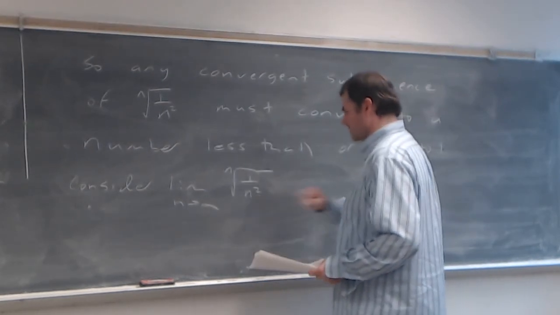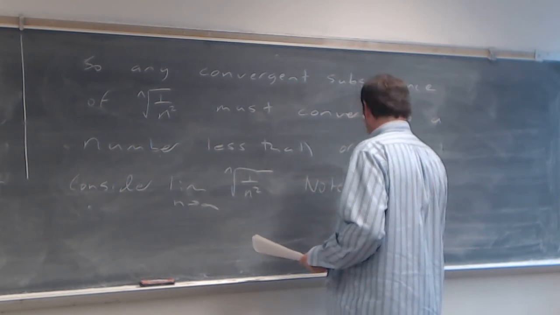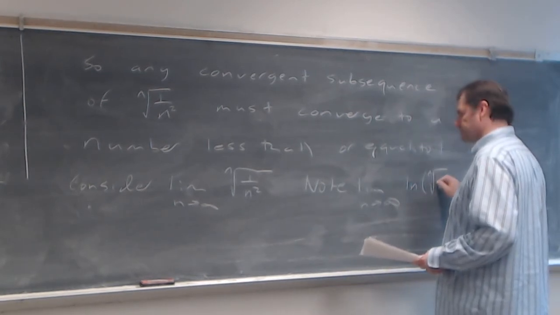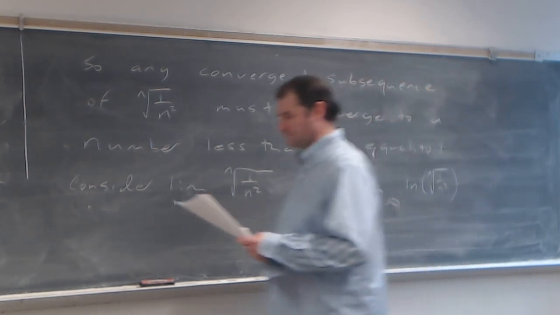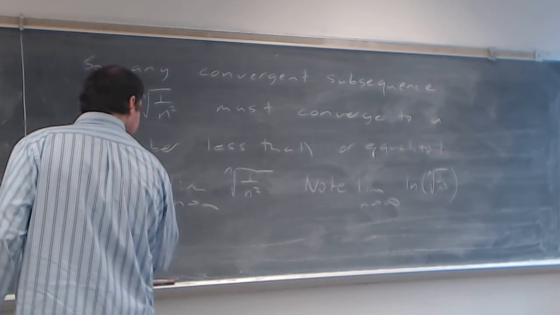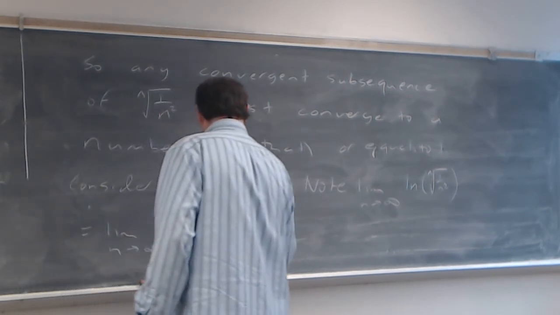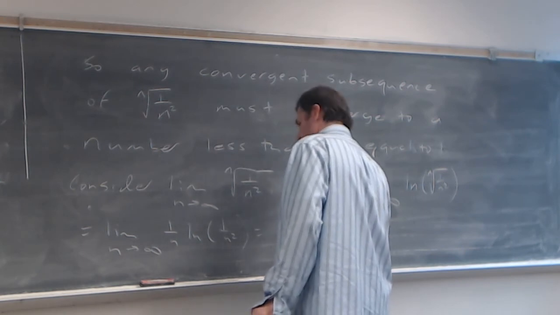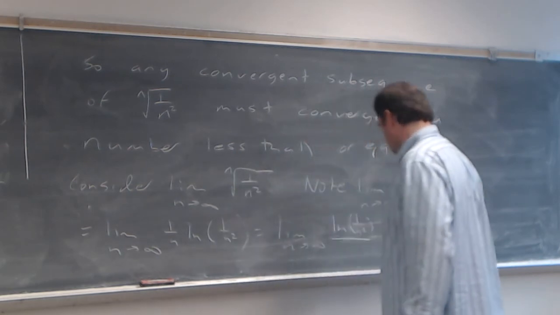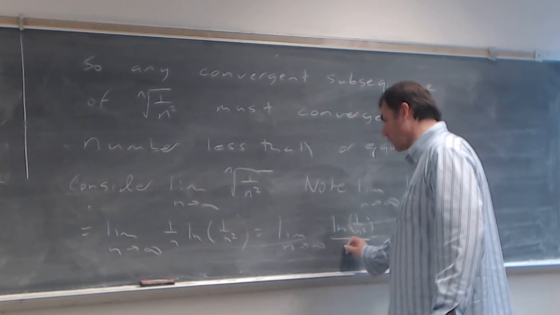In considering this limit, we'll also note that the limit as n goes to infinity of ln of this term is equal to the limit of 1 over n times ln of 1 over n squared, which we can rewrite as the limit as n goes to infinity of ln of 1 over n squared, over n.